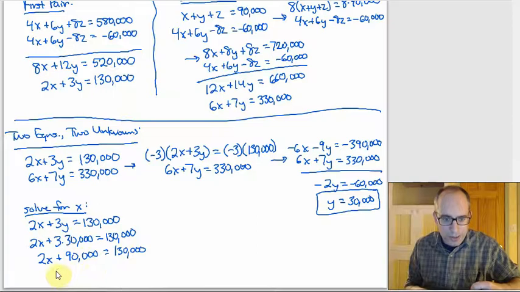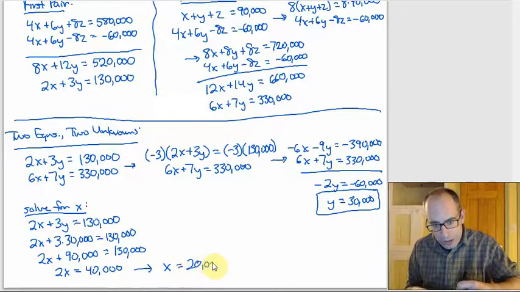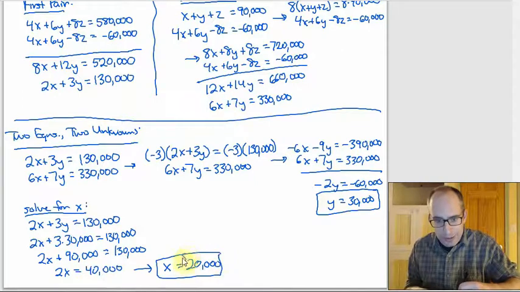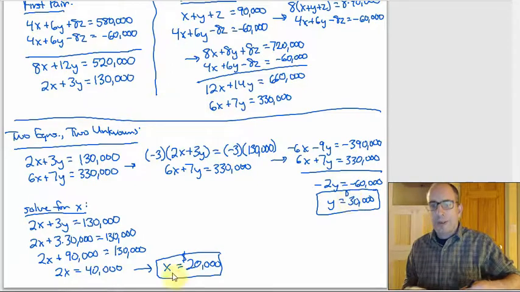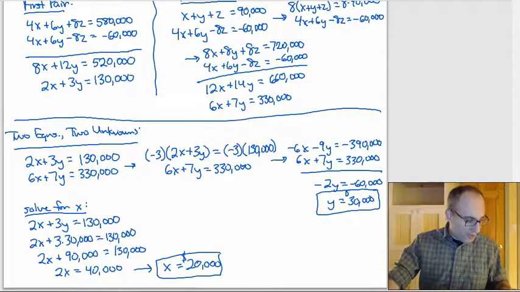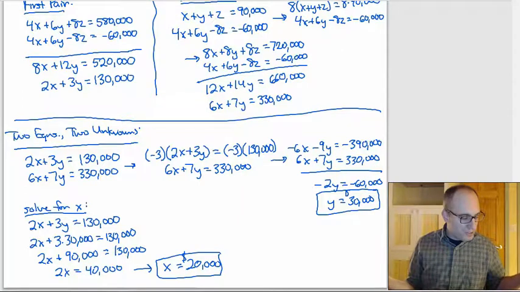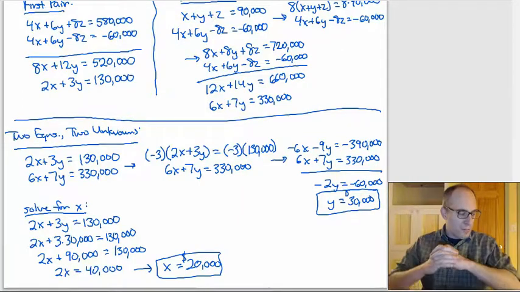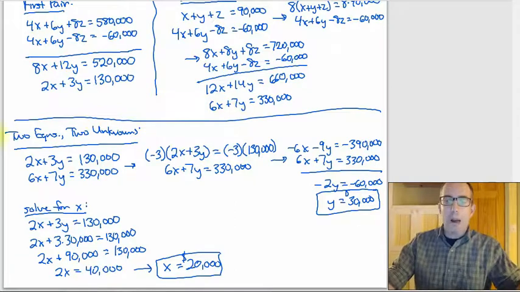And if you subtract 90,000 from both sides, you're going to get that 2x is 40,000. And so then that would mean that x is 20,000. And that is the answer. I guess with a dollar sign, right? Okay. So that would be the answer. And then even though it's not solved for, z would have to be 40,000, right? Because 20 plus 30 plus 40 will give you 90.